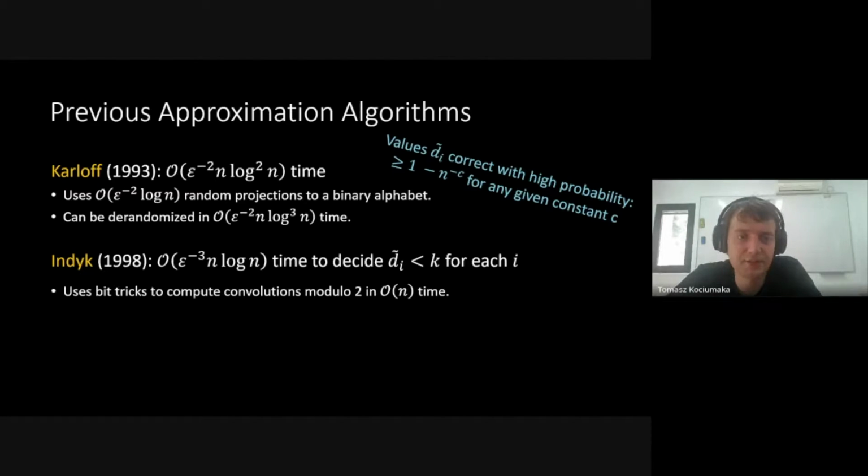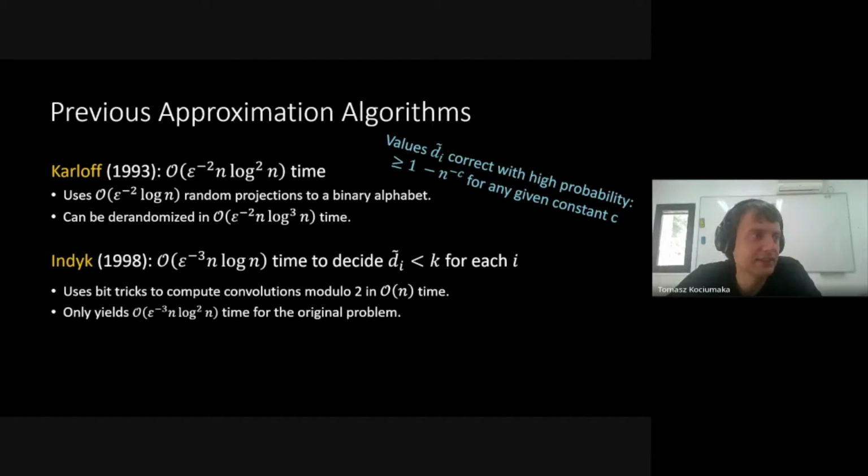And what he managed to do is shave off one log factor at the cost of an epsilon inverse factor. The main technique behind this is bit tricks, which are needed to compute convolutions modulo 2. Convolutions modulo 2 can be computed in linear time: FFT in that setting works in linear time, rather than n log n time when we need to deal with larger integers.